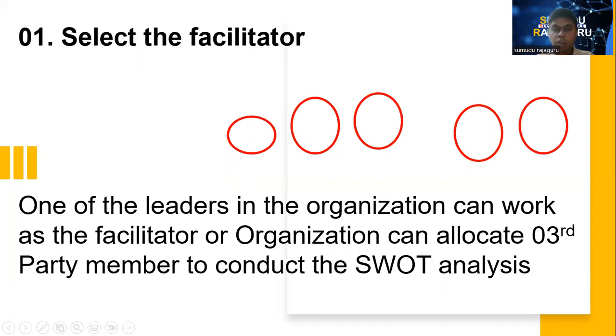If not, the organization can allocate a third-party member to conduct the SWOT analysis. If the organization thinks an internal leader conducting the SWOT analysis can be biased, then to remove that bias we can use an external party, a third party, to conduct the SWOT analysis.